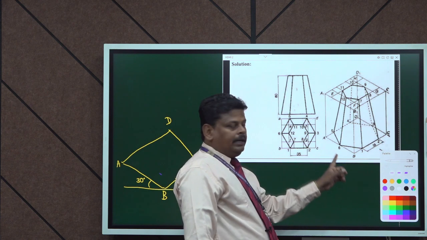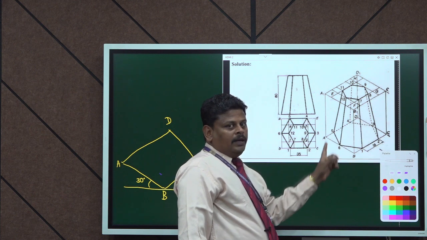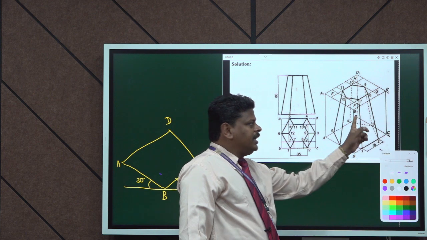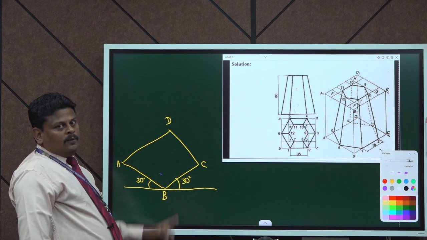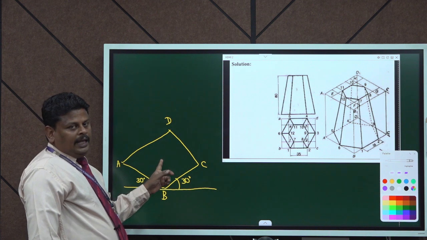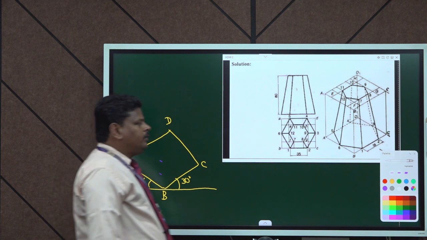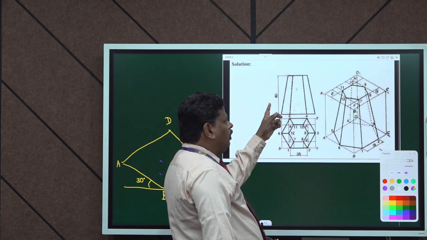You can see that clearly. We have shown all the points indicated by capital A, capital B, capital C and capital D. So capital A, B, C, D is the box which has to be drawn along the isometric axis.